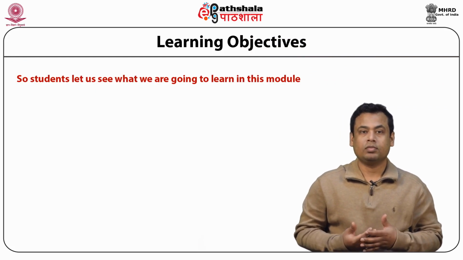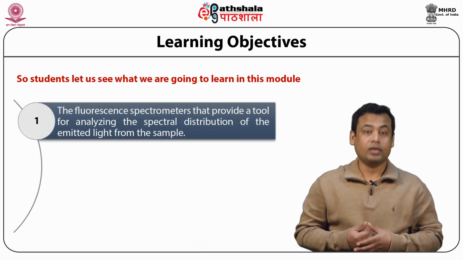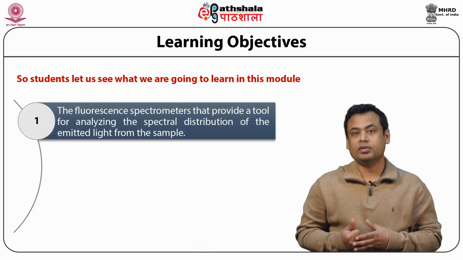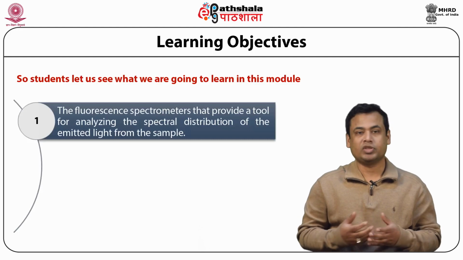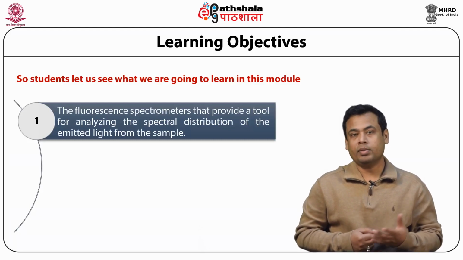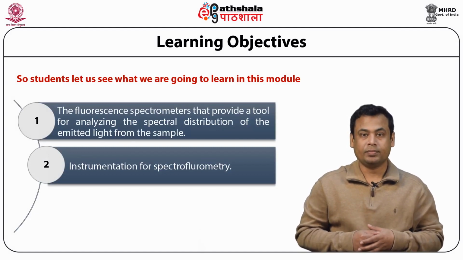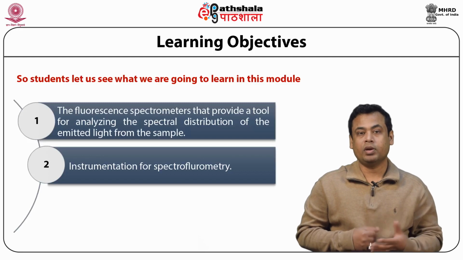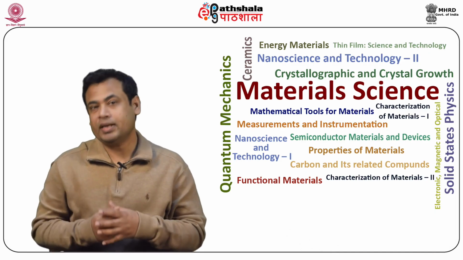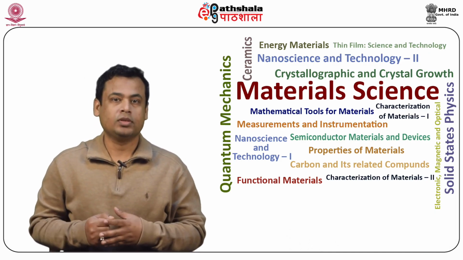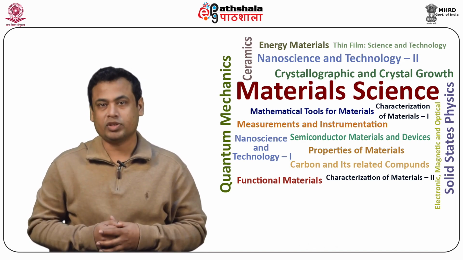First, we will learn about the fluorescence spectrometers that provide a tool for analyzing the spectral distribution of the emitted light from the sample, then the instrumentation for spectrofluorometry, and lastly the application of spectrofluorometry.